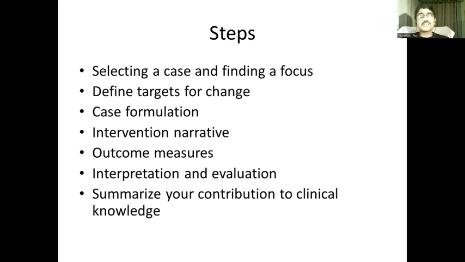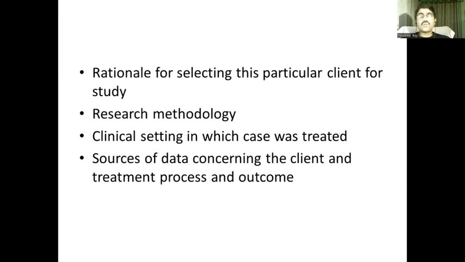Finally, we need to summarize our contribution to the clinical knowledge, how it is going to contribute, and what the future directions are that we need to think about. So these are the basic steps that we follow.